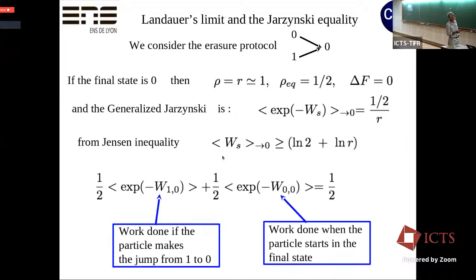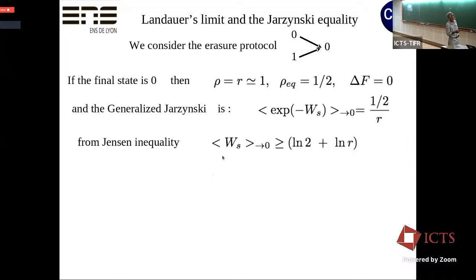So consider an erasure protocol, where 0, 1 goes into 0. If the final state is 0, then we have seen that the success rate is of order 1, and rho of equilibrium will be 1/2. Because if the system goes to the end, you have a two-well potential, and the equilibrium distribution will be 1/2 on each side.